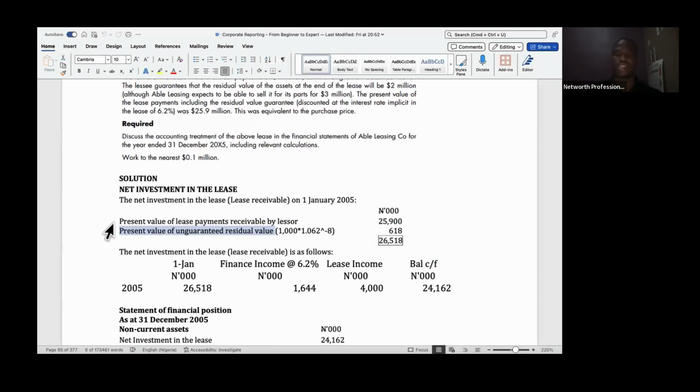So the present value of the unguaranteed residual value is 1 million multiplied by 1.062 raised to the power minus 8, the duration. That brings us to 618 from 1 million. By the time you add that to 25.9, it gives us 26,518 as the net investment in the lease.